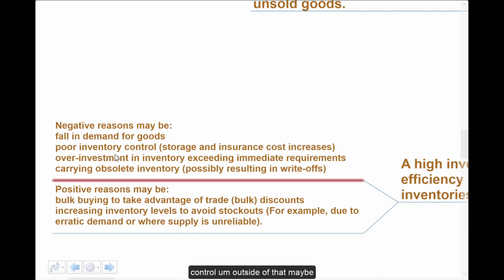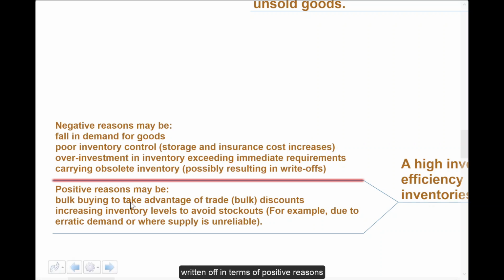Outside of that, maybe excessive stocks. Why are we holding stocks that are outside our immediate requirement? Maybe through discounts, maybe we bought too much. Or possibly, let's say we've got a lot of stock that's obsolete. It should be written off.